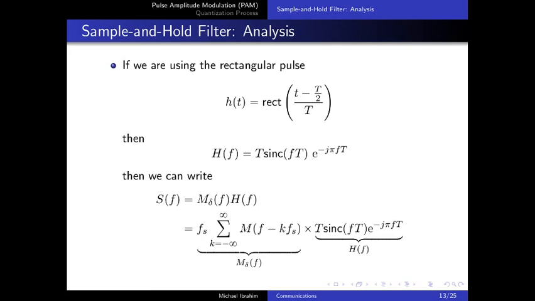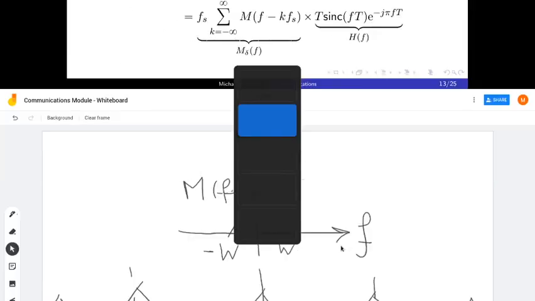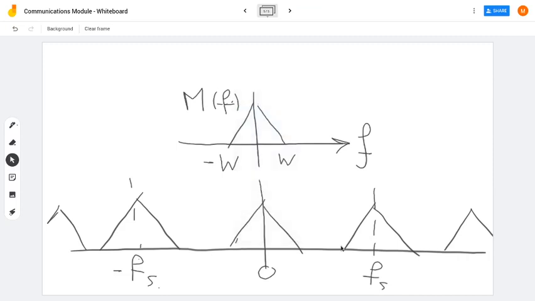In order to understand this equation and the implication of having this h of f, let's move to our whiteboard. Here, this is the spectrum of the message m of t, m of f. And as you have seen in instantaneous sampling, the spectrum m delta of f will take this form.